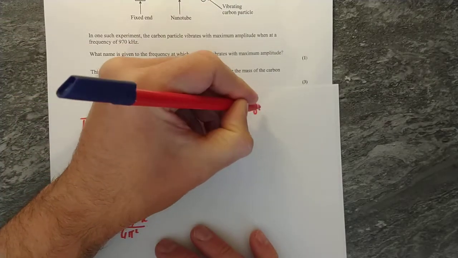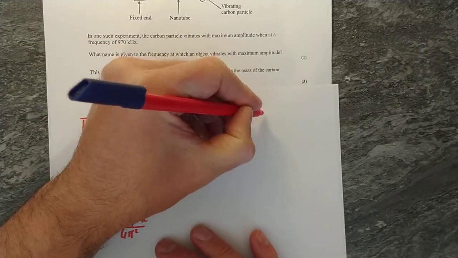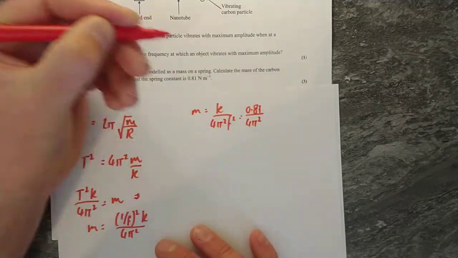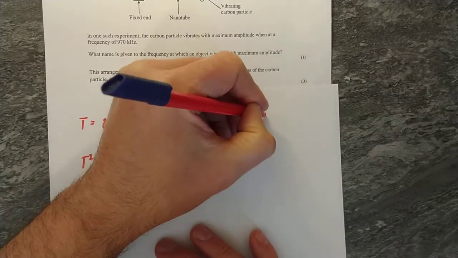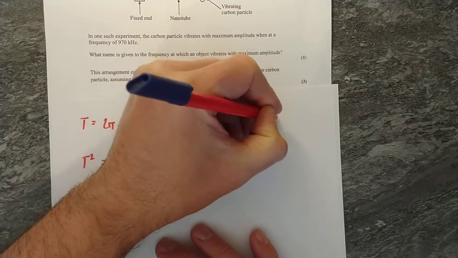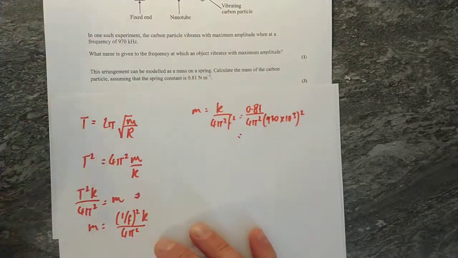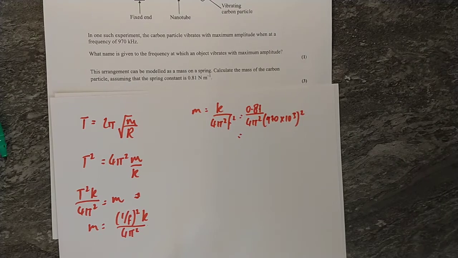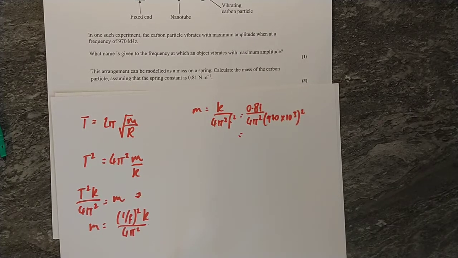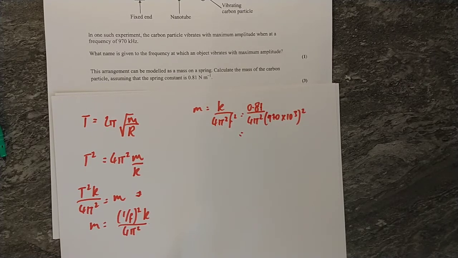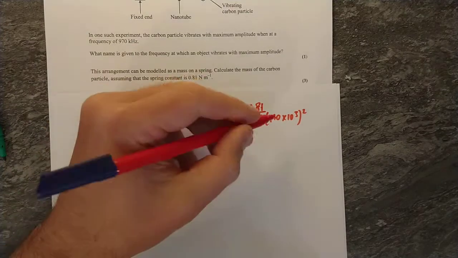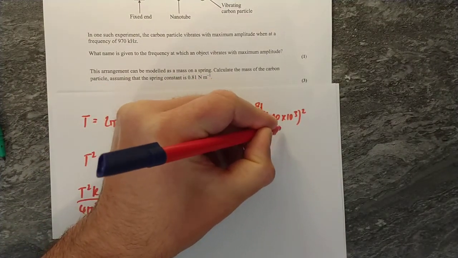So k is 0.81 divided by 4 pi squared f squared, and f is 970 times 10 to the 3 because it's kilohertz, squared, divided by 4 pi squared. 2.2 times 10 to the minus 14 kilograms.